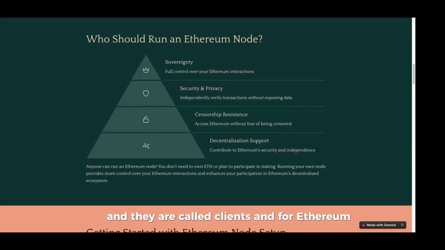And because Ethereum is now proof of stake, it requires you to run two clients, the execution client and the consensus client, on your system.